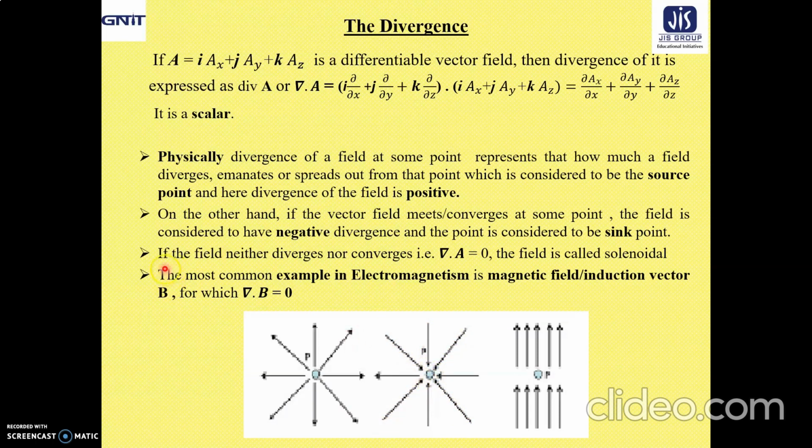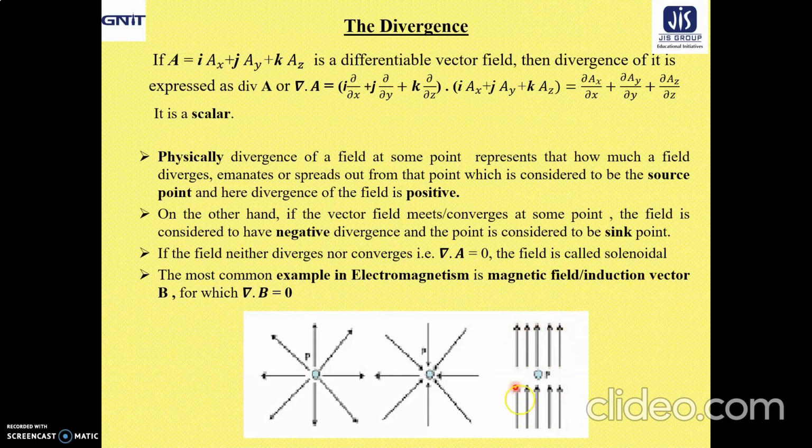The third case is very interesting. If the field neither diverges nor converges, then del dot A equals 0, and in that case the field is called the solenoidal field. The third case is shown here.